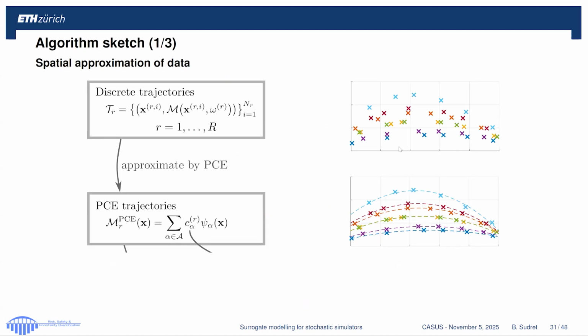So we start by taking those R different trajectories and, with the data, the points of each color, we feed a surrogate that is more or less what you see here. Each of them has a set of coefficients, assuming we put them in the same joint basis with the same psi alpha. Each trajectory is now replaced by something continuous, a polynomial, characterized by just a set of coefficients.